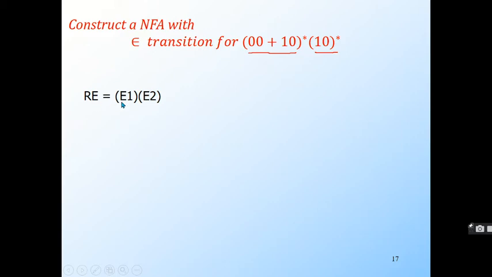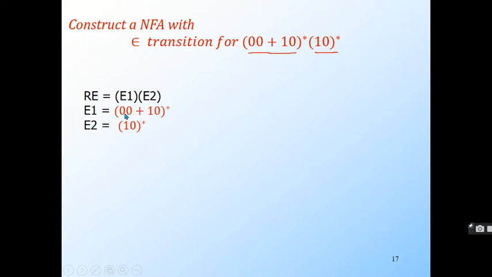The regular expression is the concatenation of the first one, E1, and E2, where E1 is (00 + 10)* and E2 is (10)*. Now again we see that the first part E1 has got two sub regular expressions in it.